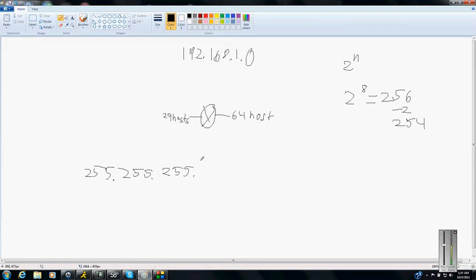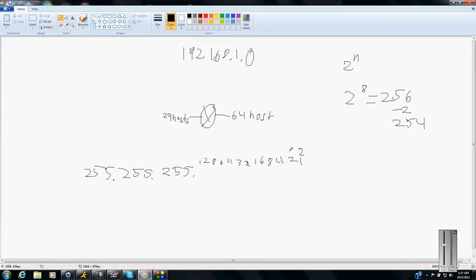And to find out that something, I'm going to start writing out the binary placeholders: 16, 8, 4, 2, and 1. Okay, now Cisco tells you 2 to the n. Well, let's say you only borrowed 1 bit. What's 2 to the 1 bit? This is 1 bit. If you turn just this on, well, it's 2, right?